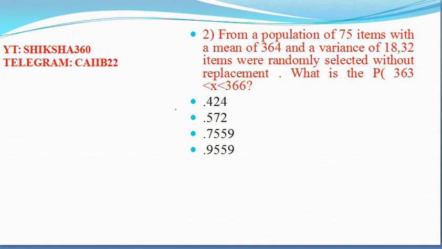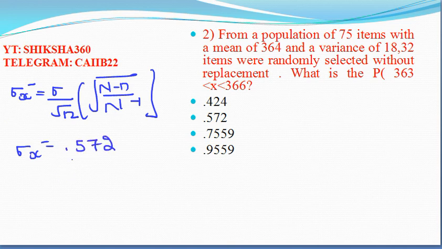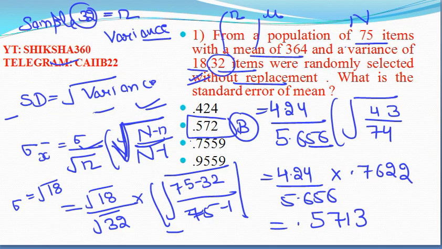Here they have mentioned without replacement. So first of all we have to calculate sigma x bar. We calculate it as sigma upon under root n, into under root of capital N minus small n upon capital N minus 1. When we calculate, sigma x bar comes out to be 0.572, which we have already calculated in the previous question.